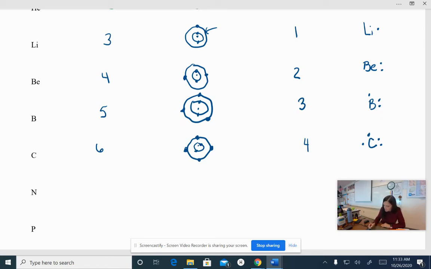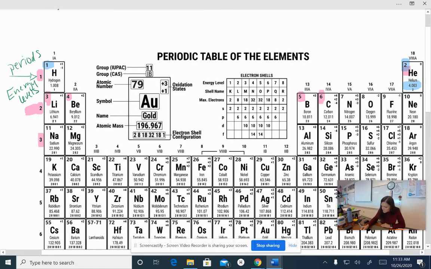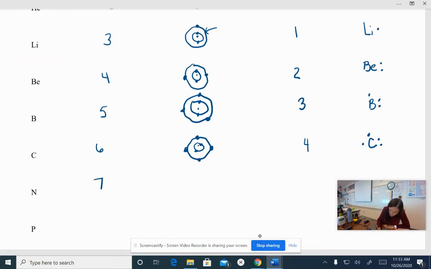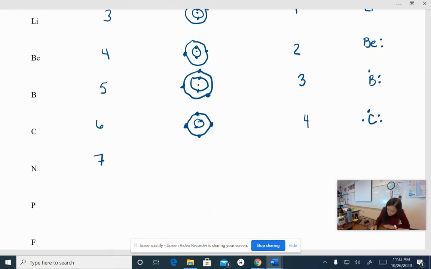Okay, let's look at nitrogen. Nitrogen, hopefully you see a pattern here. Nitrogen has 7. It's still in that second energy level, so I'm going to put that 7th electron on that second energy level. So 7 electrons here. My nucleus, my first two on that first energy level, and then 3, 4, 5, 6, and 7.